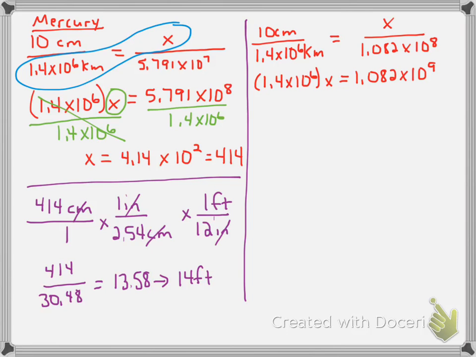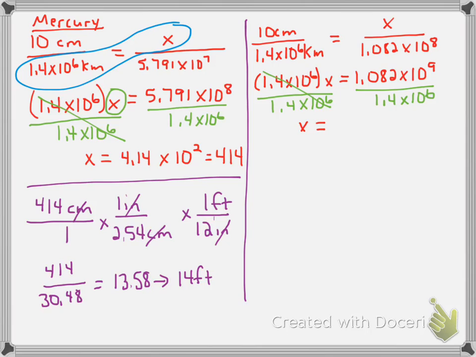Next step, divide by 1.4 times 10 to the 6th. So work that out and see what you get. How many places are we going to? I think 3.